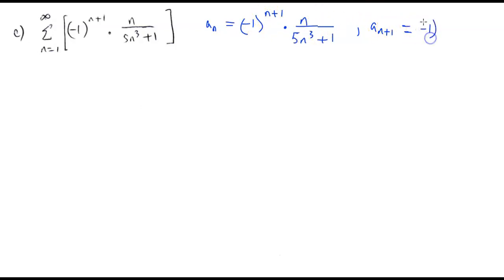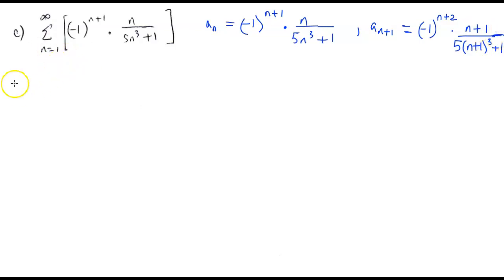So this will be negative 1 raised to the n plus 1, which will be n plus 2, times n plus 1 over 5 times n plus 1 cubed plus 1.